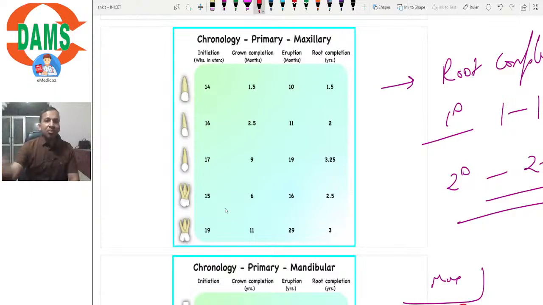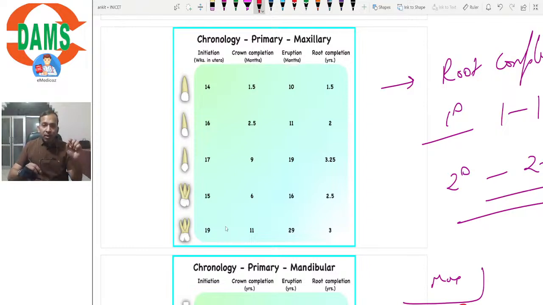तो हमने इनिशिएशन की बात की, प्राइमरीज की 14, 15, 16, 17, 18 एंड 19. सबसे पहले सेंट्रल इंसाइजर, देन फर्स्ट मोलर विल इनिशिएट, देन लैटरल, देन कनाइन, देन मैंडिबुलर सेकंड मोलर, देन मैक्सिलरी सेकंड मोलर, राइट? फिर हम उसके बाद क्राउन कंप्लीशन की बात करते हैं. तो क्राउन कंप्लीशन में कैसे होगा? दे विल कंप्लीट इन मंथ्स आफ्टर बर्थ.